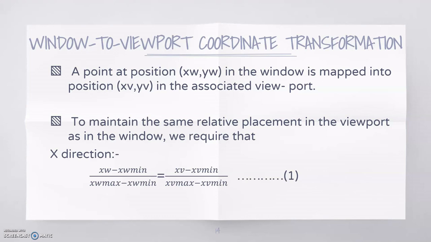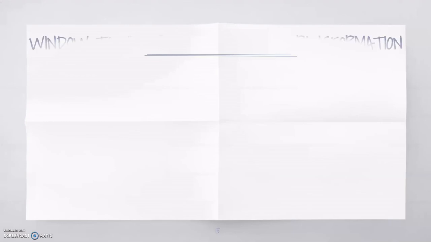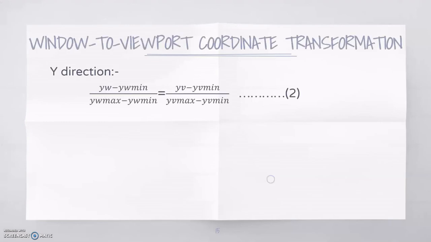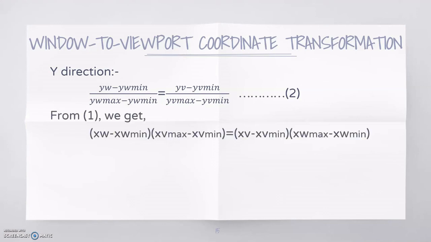This is marked as equation 1, and also in the Y direction, which is marked as equation 2. The same equation in the Y direction: (YW minus YW min) divided by (YW max minus YW min) equals (YV minus YV min) divided by (YV max minus YV min).